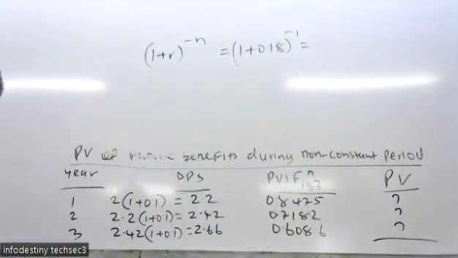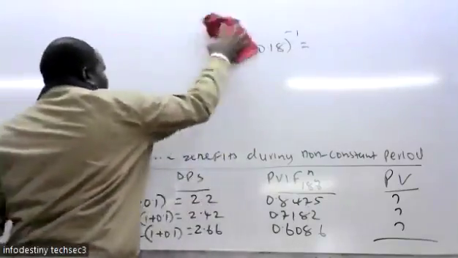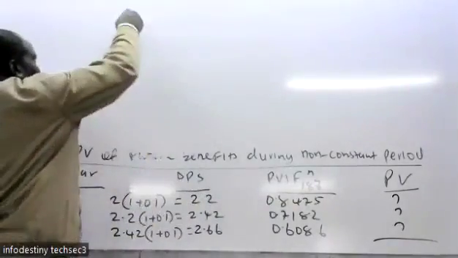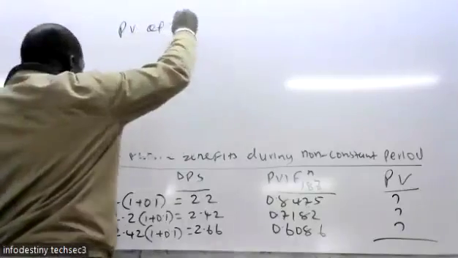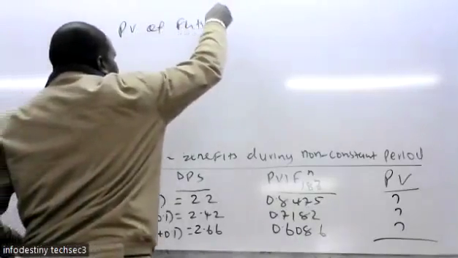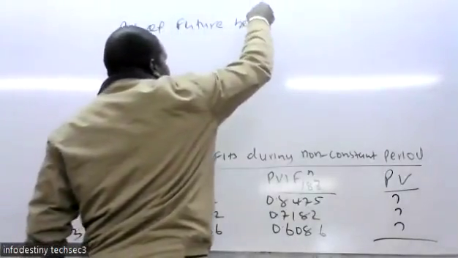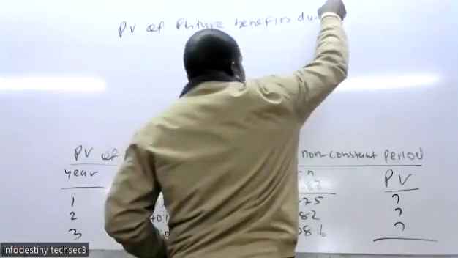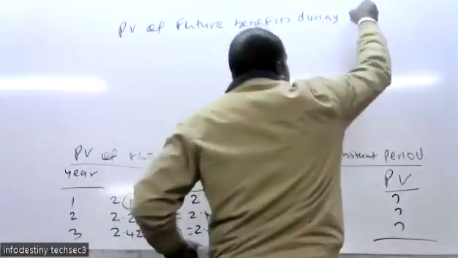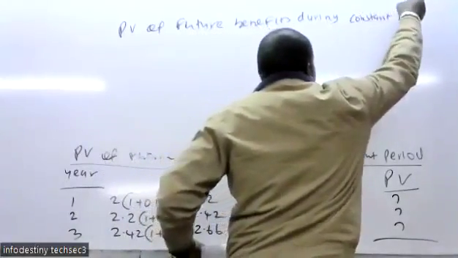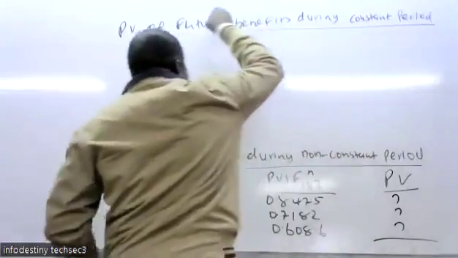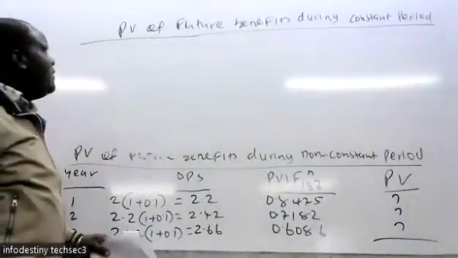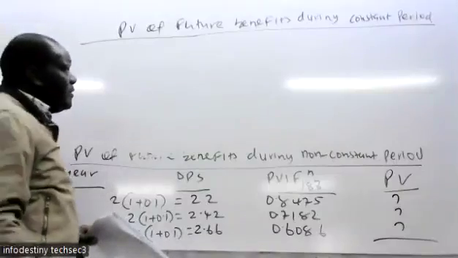So you also compute the present value of the future benefits during the constant period.